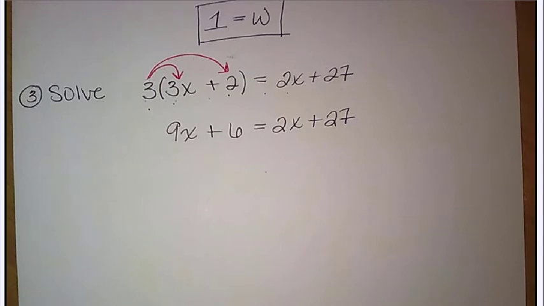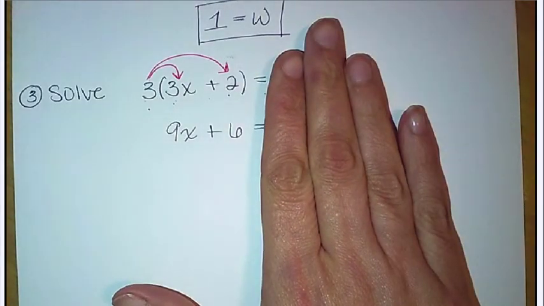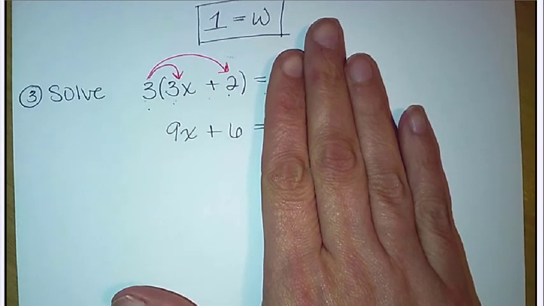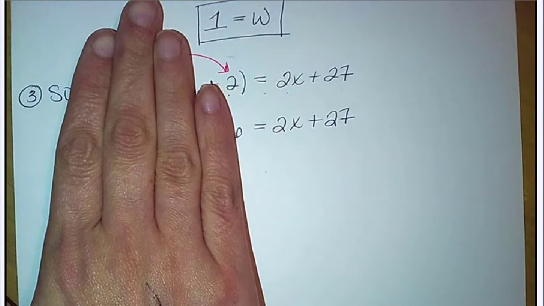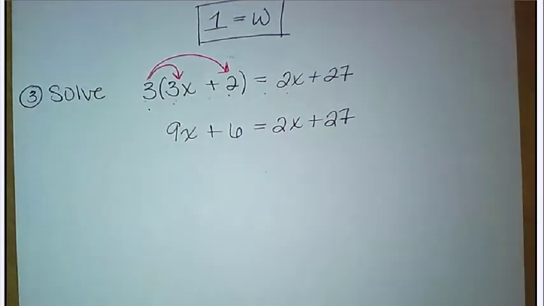And again, remember, when we talk about combining like terms, we're talking about terms on the same side of the equation. So if I cover up the right and look only at the left, notice that I do not have any like terms. I just have a 9x and a 6. They're not alike. And if I cover up the opposite side, notice that I don't have any like terms there either. So I don't have anything that I can actually combine together.